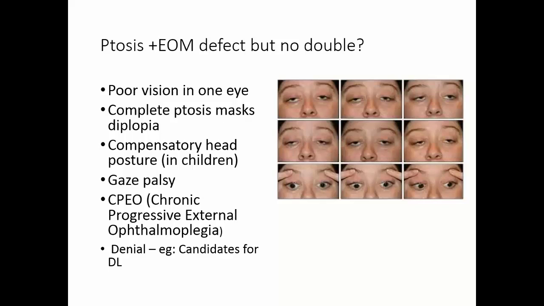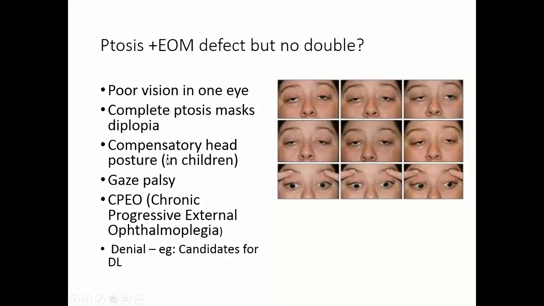So when they present with muscle palsy, the vision is not good in that eye, so they don't see the double. And sometimes when there is complete ptosis, when that happens first or concurrently with the muscle palsies, they will not say double vision, they will only complain of ptosis.